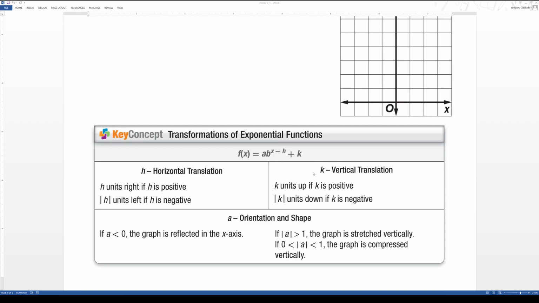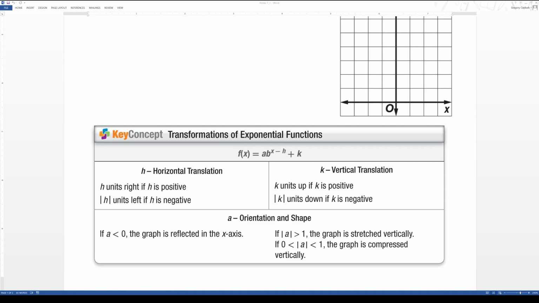This has to do with k, which is here. And this looks to be just tacked on to the end of the function. So if we add something to the end, we can imagine that would shift the curve up. And if we were to make this a minus some number, that would probably shift it down. So let's see if that's the case.